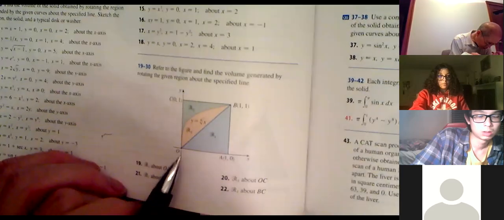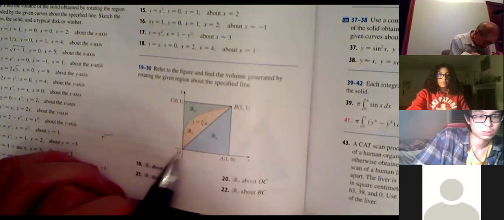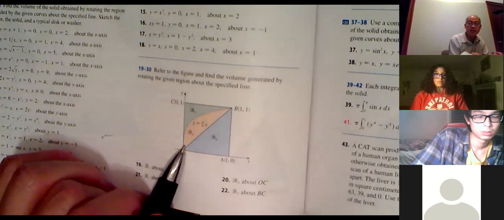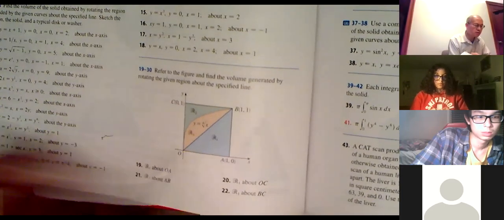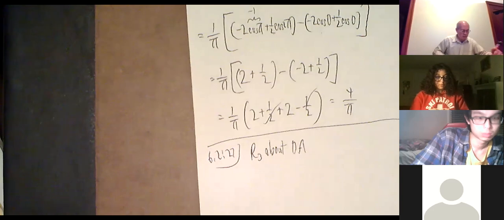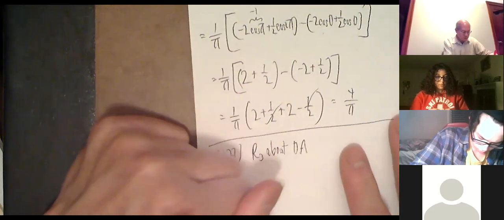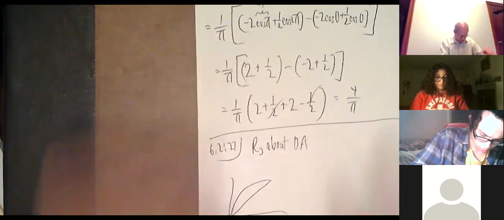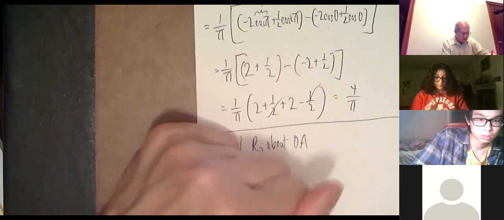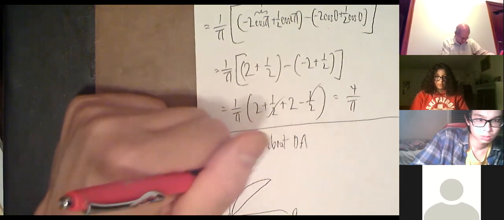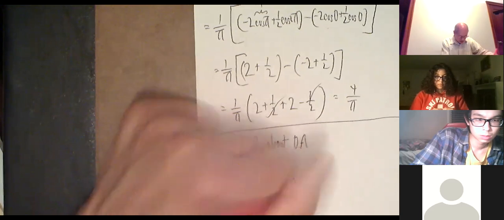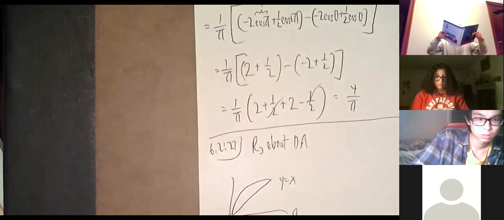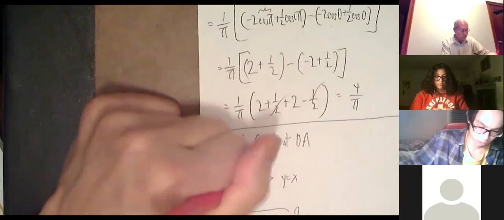Region 3 is the middle one. OA is the x-axis. So let me try to show that to you. Spinning it this way. This is y equals x. Y equals the 4th root of x.